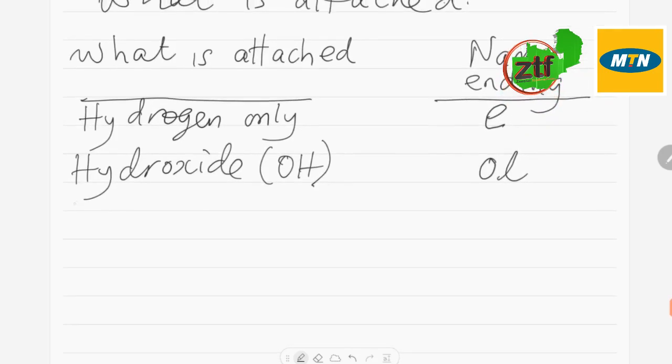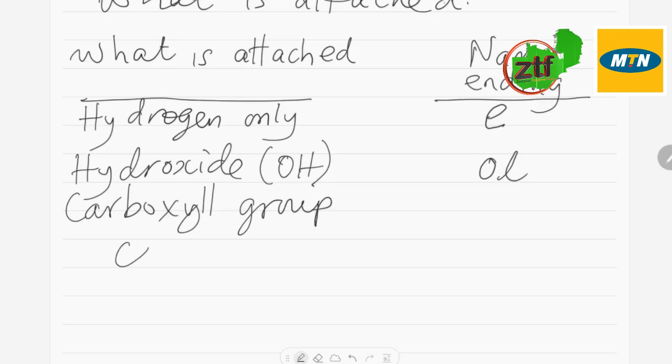If what is attached is the carboxyl group, which is COOH, the name ending is going to be OIC.